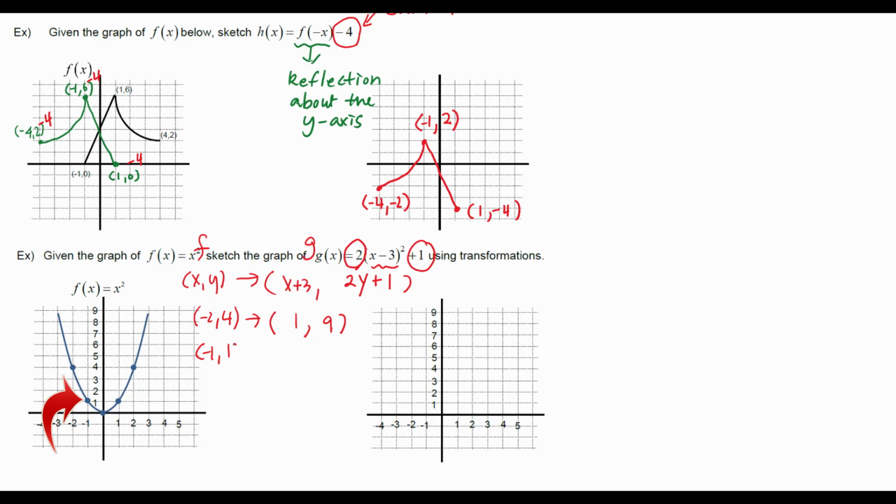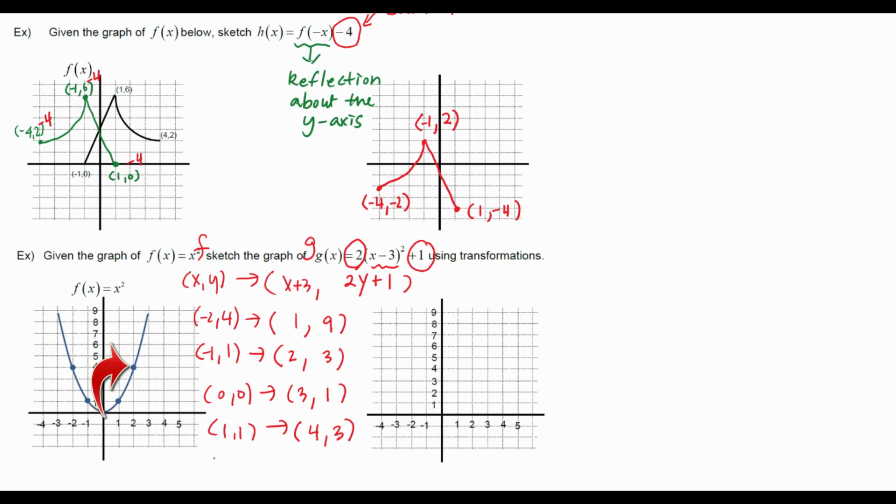Negative 1 comma 1 will go to negative 1 plus 3 is 2 comma 2 times 1 plus 1 is 3. And then 0, 0 will go to 0 plus 3, 3 comma 2 times 0 plus 1, 1. 1 comma 1 will go to 1 plus 3 is 4 comma 2 times 1 plus 1 is 3.